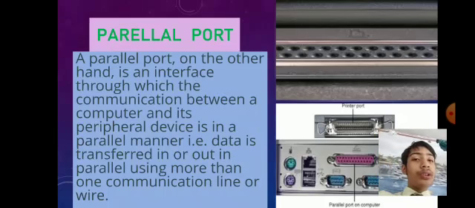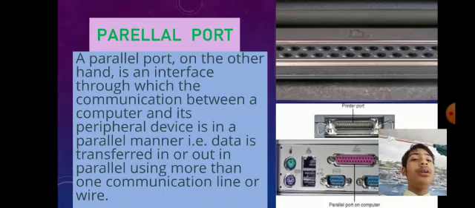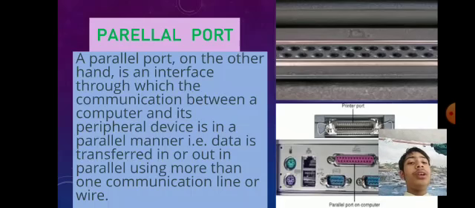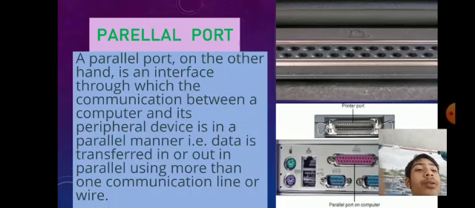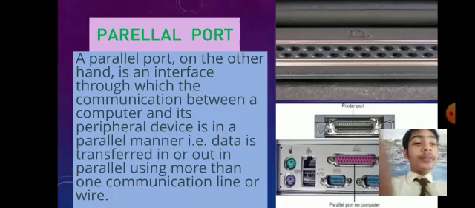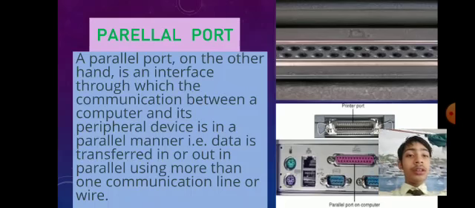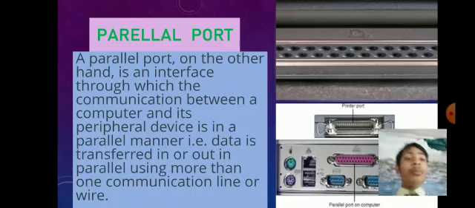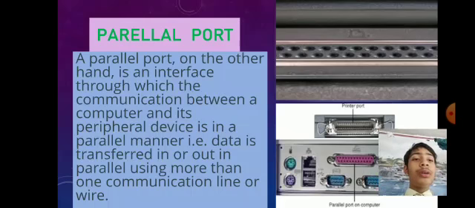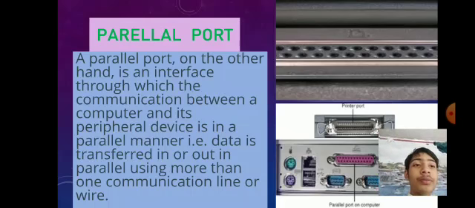So now let's know what a parallel port is. A parallel port, on the other hand, is an interface through which communication between a computer and its peripheral device is in a parallel manner. That is, data is transferred in or out in parallel using more than one communication line or wire. So the parallel port uses more than one wire for connecting, whereas the serial port uses a single line. Nowadays the parallel port is used mostly.